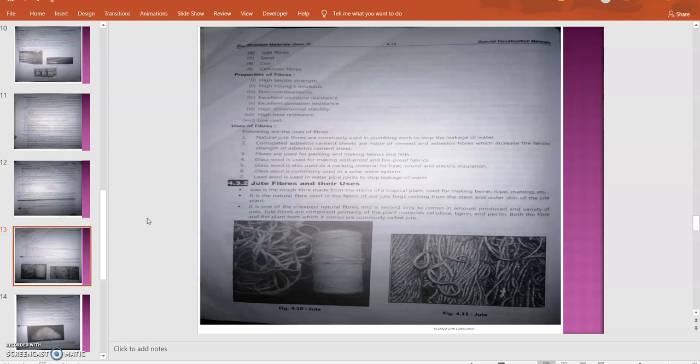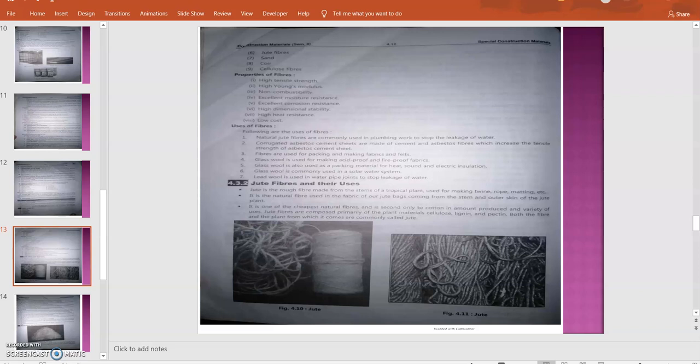Jute is a rough fiber made from the stem of a tropical plant, used for making twine, rope, matting, etc. It is a natural fiber used in the fabrics of our jute bags, and it is one of the best natural fibers, second only to cotton in amount of production and variety of uses.